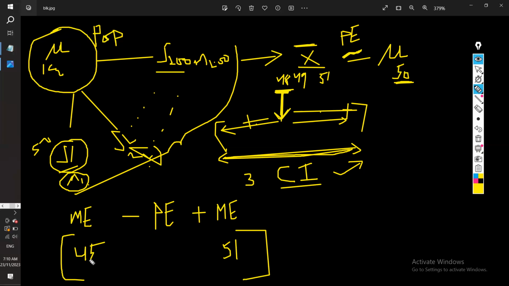I'm saying between 45 to 51 you are able to catch the population mean. That is sure. If you see 50, somewhere between 45 to 51 you will have this population mean. We are able to capture this mu in this confidence interval.